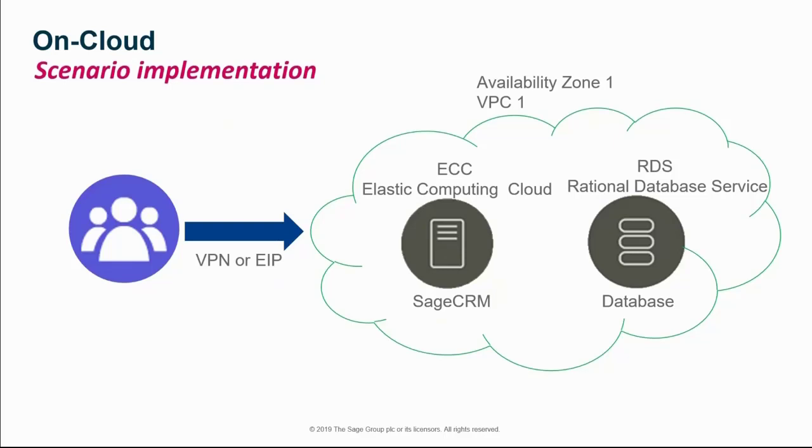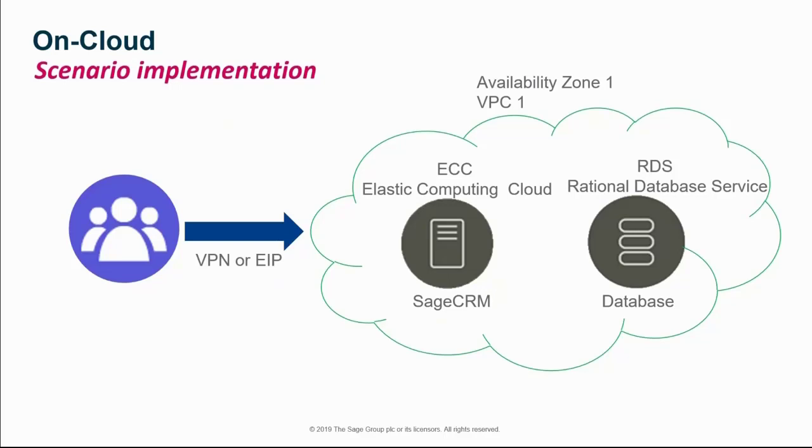The user can access Sage CRM via a virtual private network, or VPN, or subscribe to an elastic IP for external access. The elastic IP, or EIP, provides a public IP that domain names can be bound to, hence the user can access their system using a proper URL.